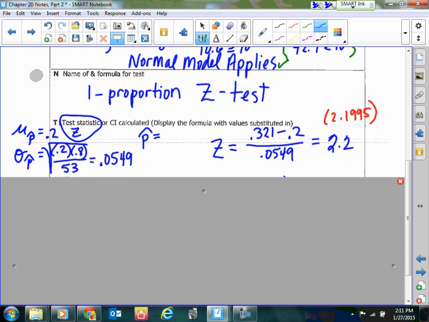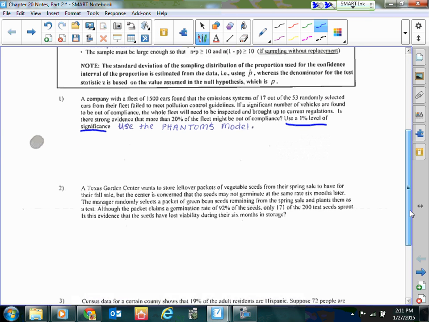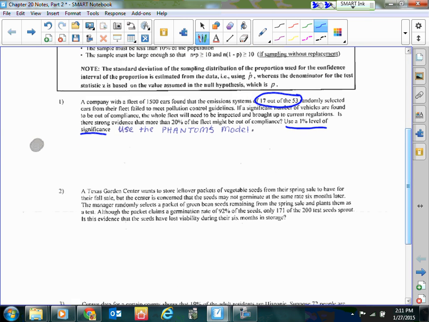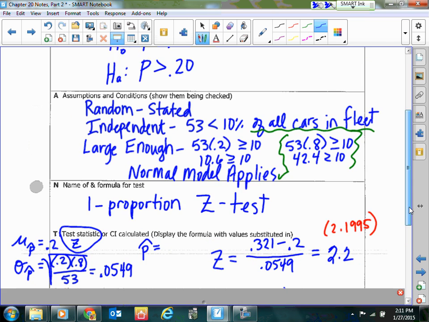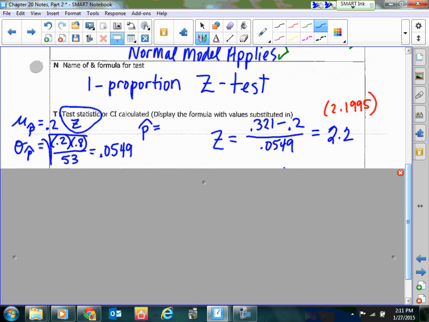Good, good. They got 17 out of the 53 cars that did not meet specifications. Okay, failed. So 17 out of 53 comes out to be 0.321. So there's your z-score with the 0.321, your sample, compared to the mean.